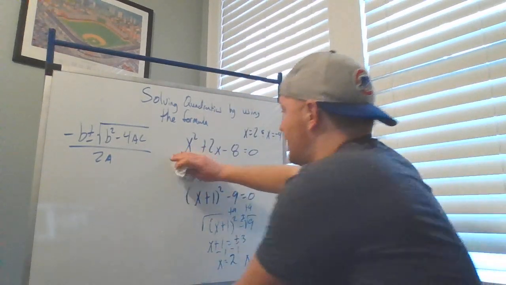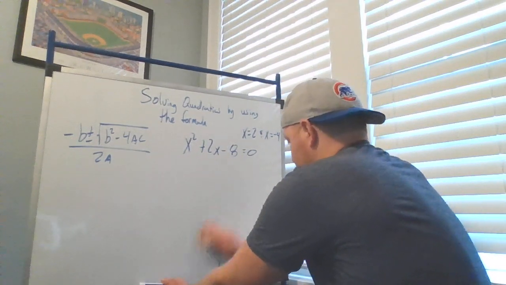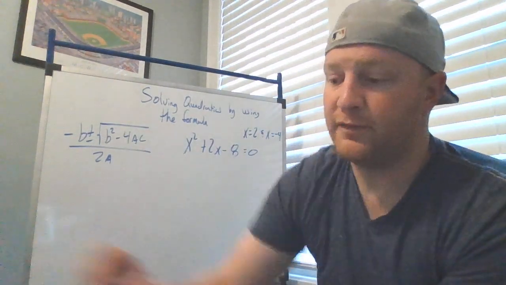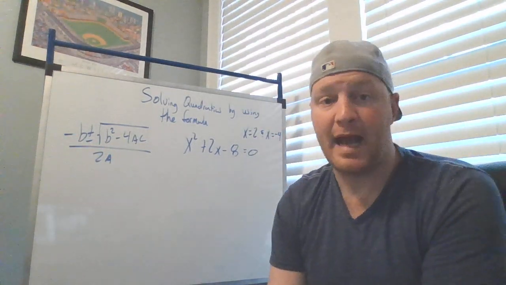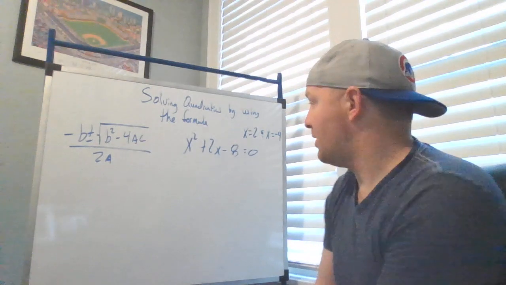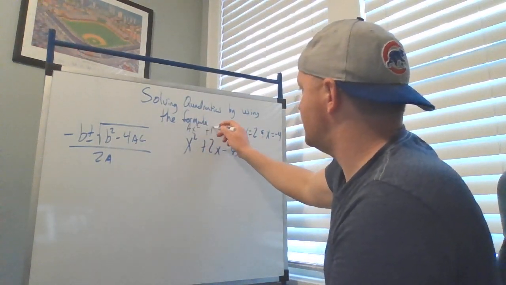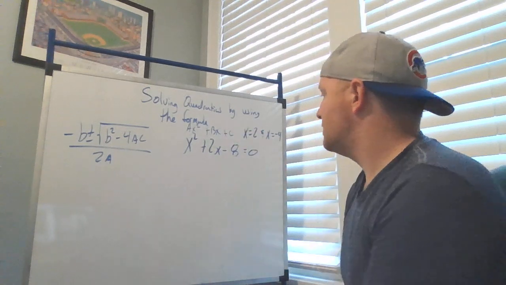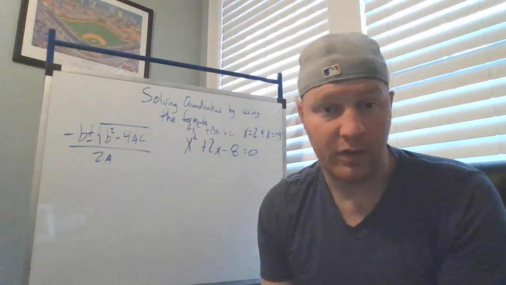Now let's use the quadratic formula, okay? Do me a favor, when you guys are using this formula, you're not reading this as -b, you're reading that as the opposite of b. And remember, it's always ax² + bx + c. So it's important to know which letters are distinguished by which numbers.